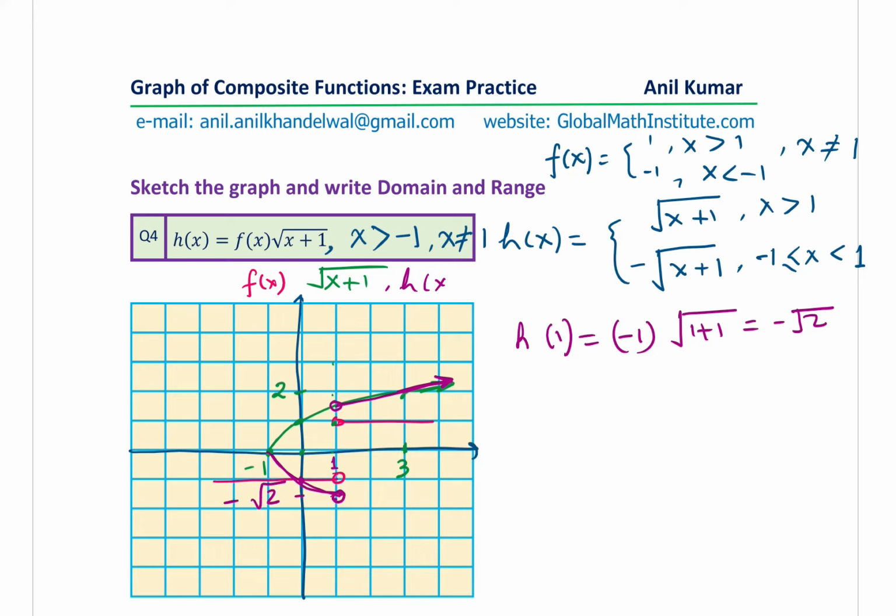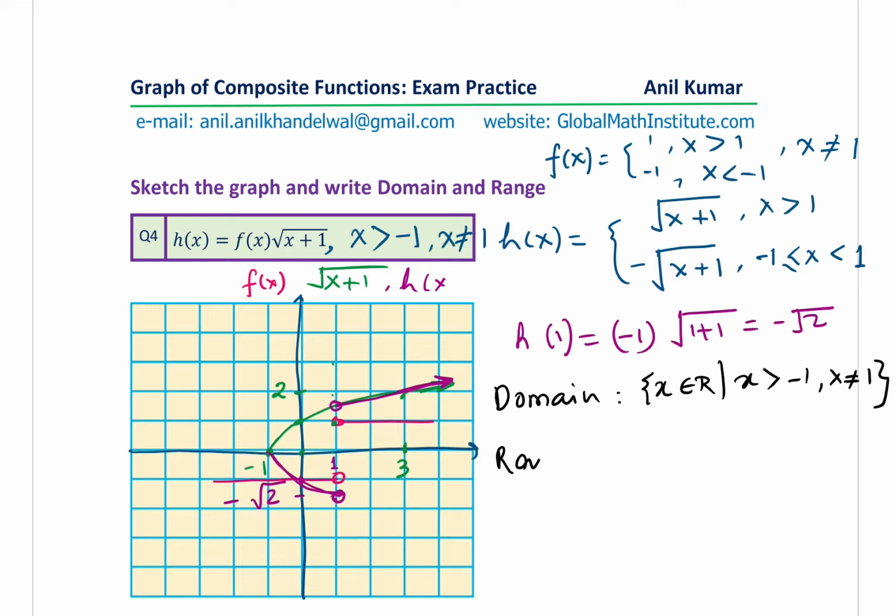And now with the given graph, we can easily write down the domain and the range of the function. So let's write down the domain of the function, which is x belongs to real numbers, where x is greater than the value of -1 and x is not equal to 1.